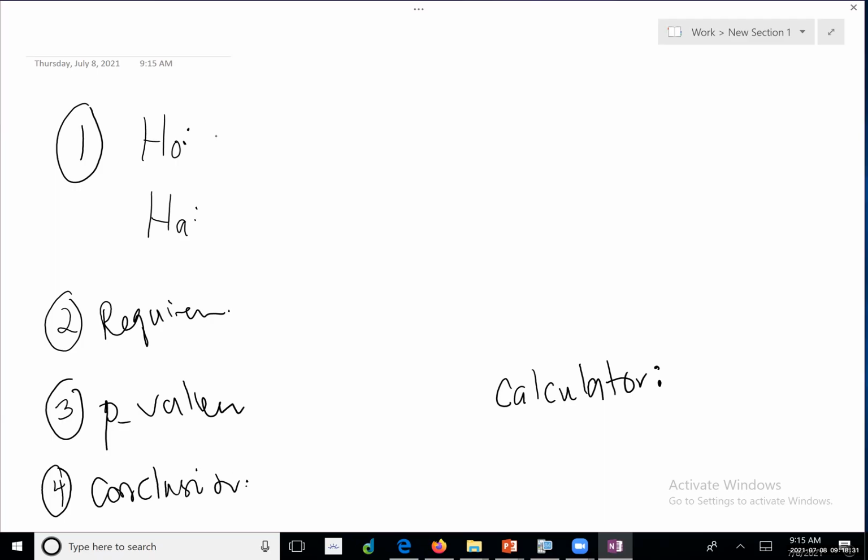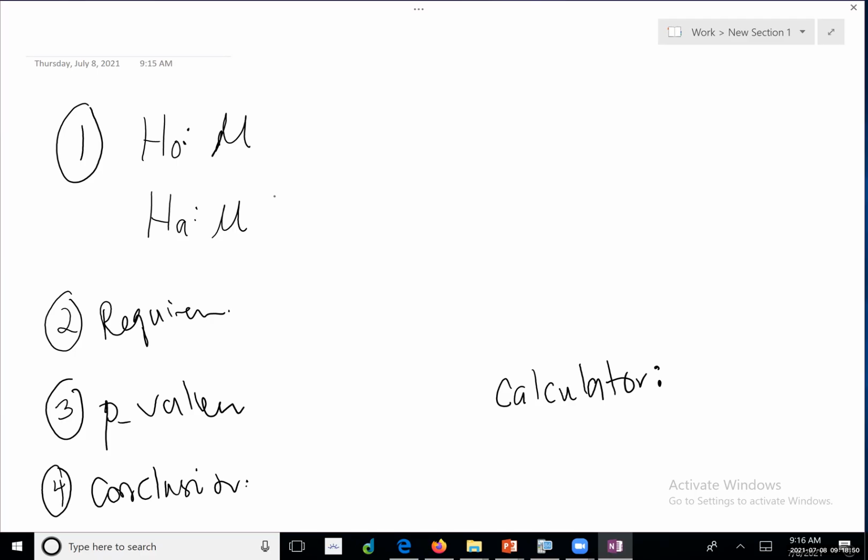Step one, as we said, null is always equality. We are writing about the population. This time it is about the mean, so we use mu. In the previous section it was about proportion, so we were using p.